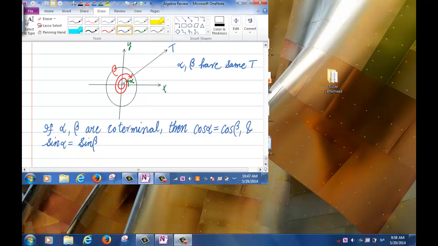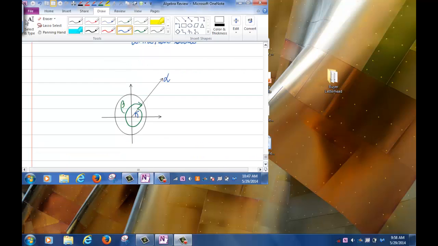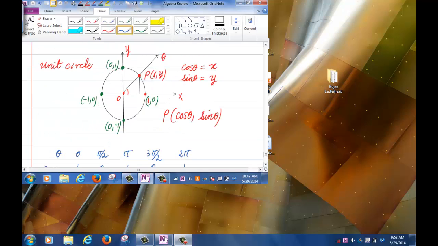Because remember, what's the definition of sine and cosine? Well, if I have a unit circle, then the coordinates of the point P give you the cosine value and the sine value, right? What is the point P? The point P is the intersection of the terminal side with the circle, right?